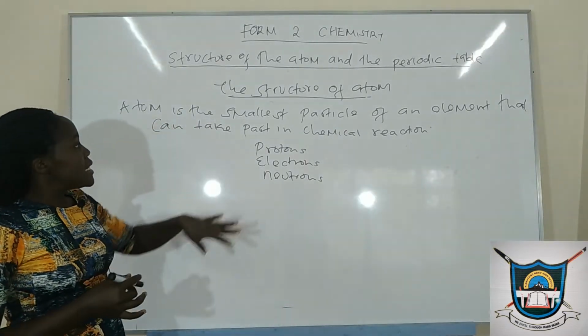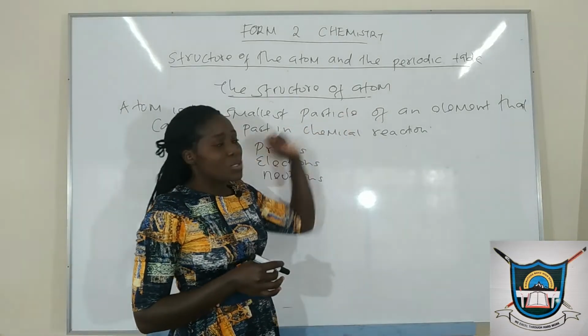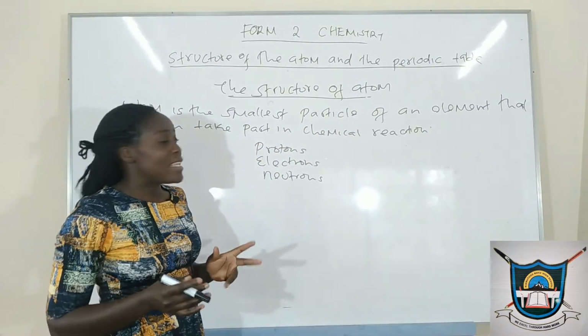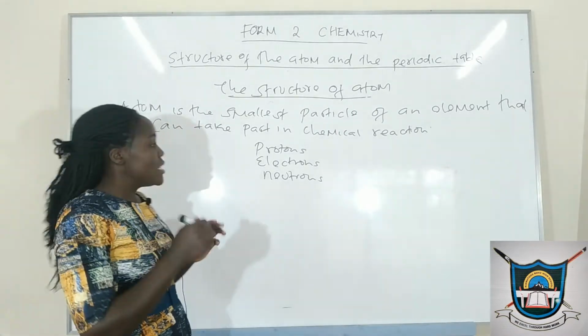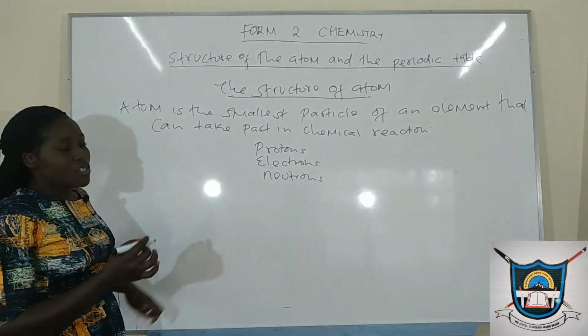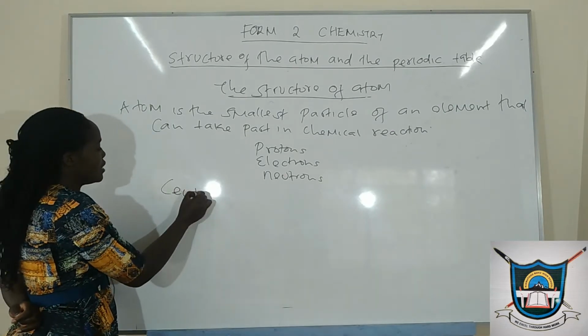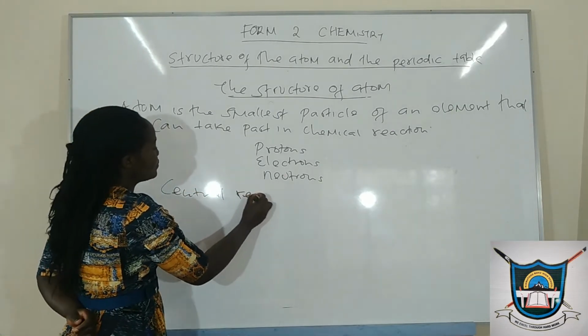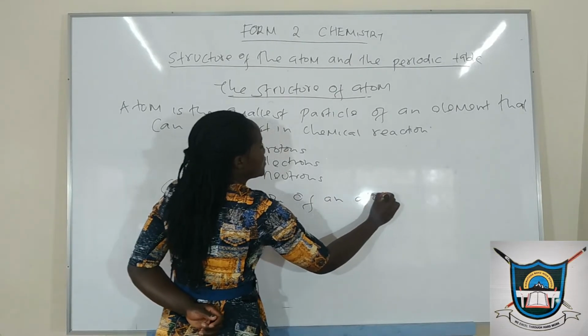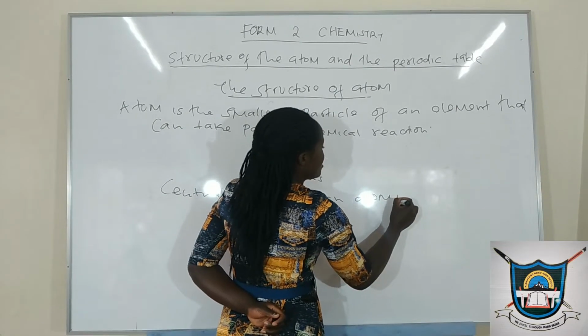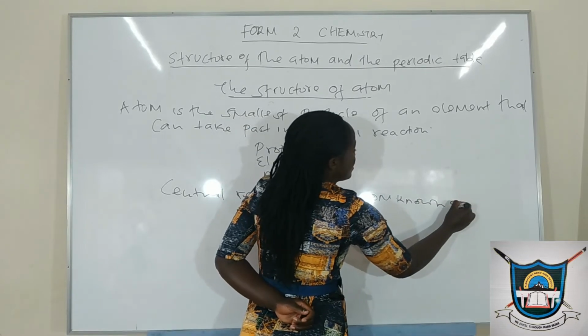So the atom contains two regions, that is the central region and the outer region. The central region of an atom is known as the nucleus.